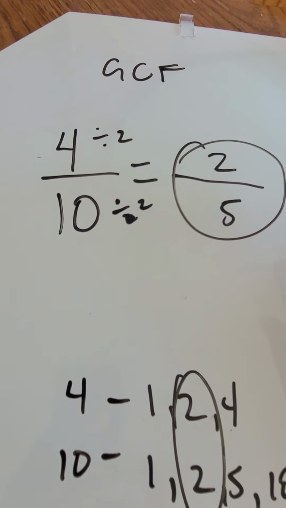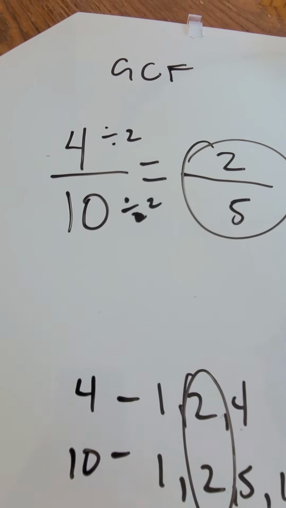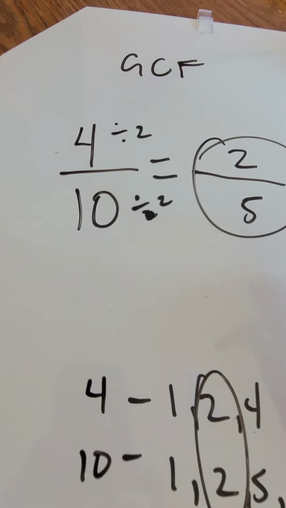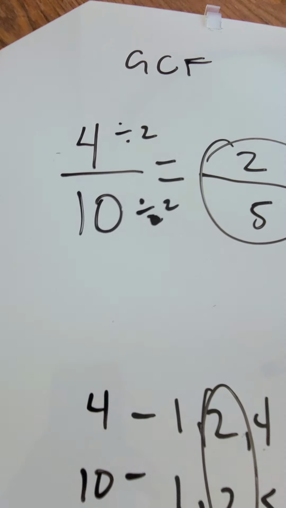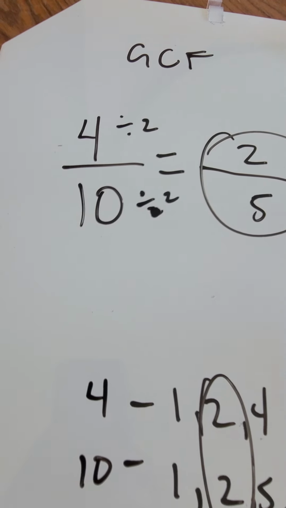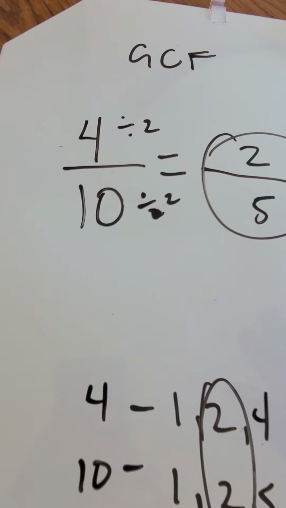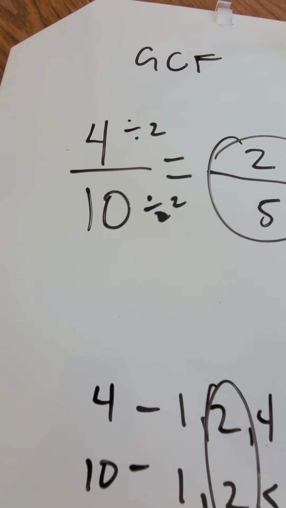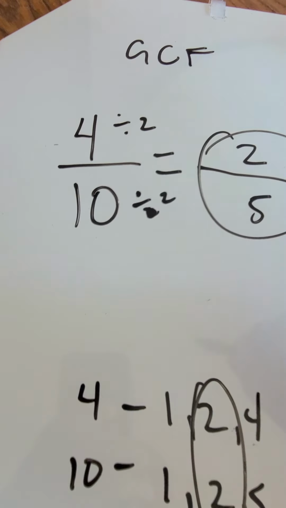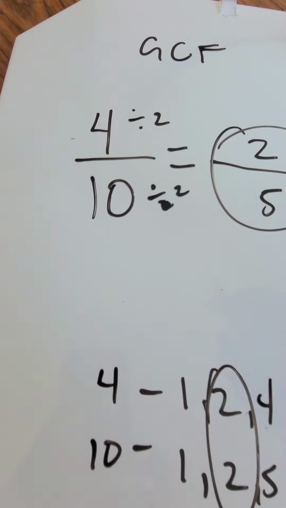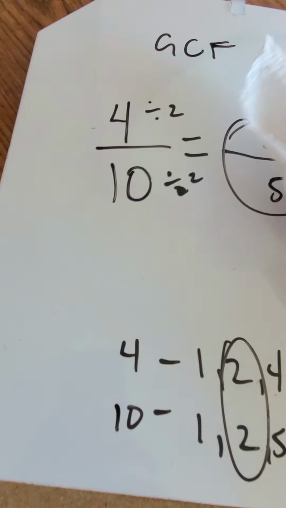Now, an easy way to start to reduce a fraction is to identify if the numerator and denominator are both even. If they're both even, you know for sure a factor that they have in common is 2. So you can start from there. Okay, so here will be another example.